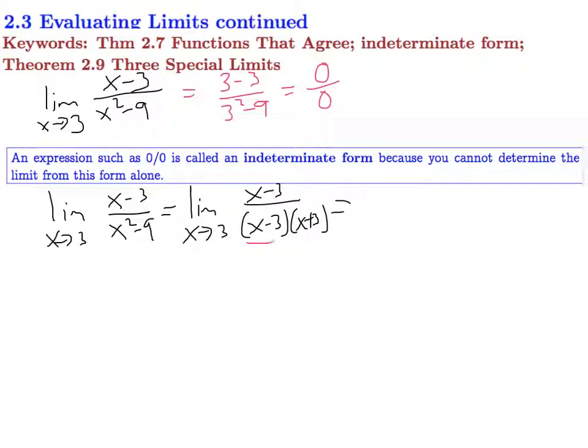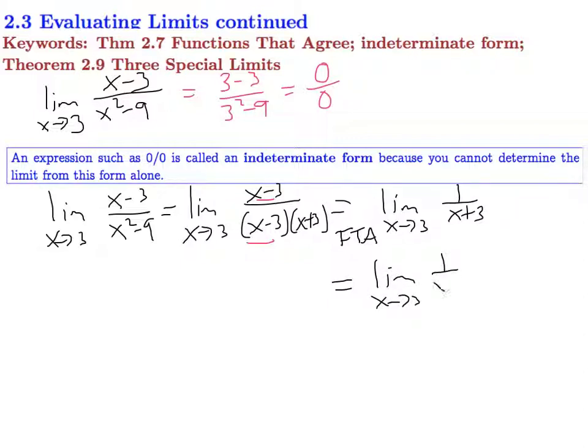We can see that the x minus 3's will cancel, and so by the functions that agree theorem, theorem 2.7 we just talked about, we can now instead calculate this easier limit of 1 over x plus 3 as x approaches 3. And since this is a nice rational function, we can now calculate the limit exactly by direct substitution, 1 over 3 plus 3, so our limit ends up being just 1/6. That is, we can calculate this limit pretty easily by just factoring and canceling because we had this 0 over 0 form.